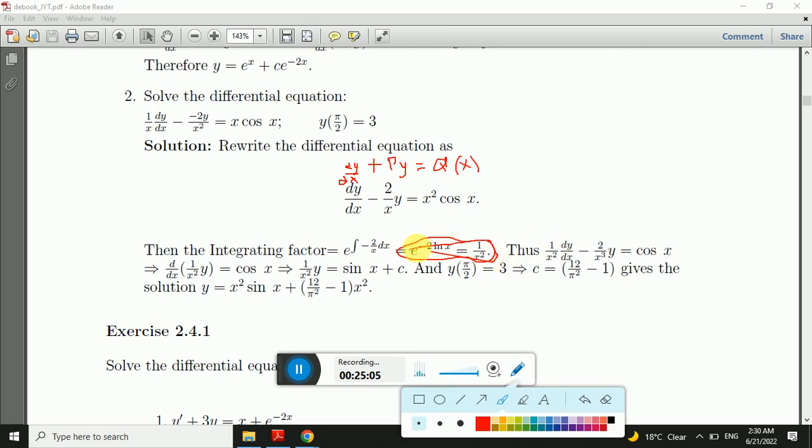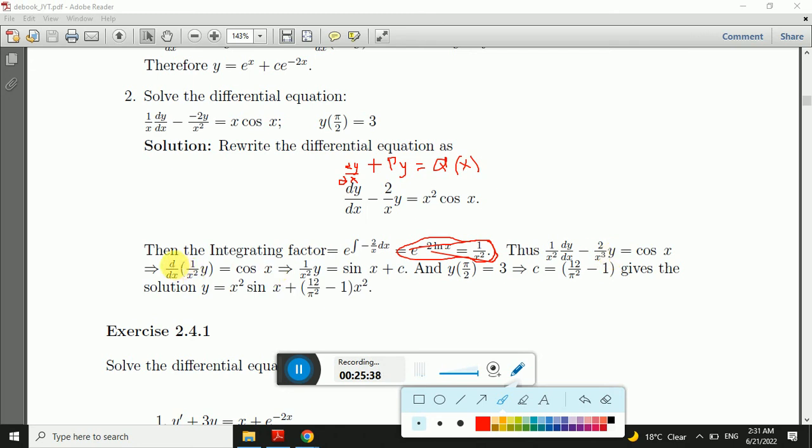So if you multiply this equation throughout by 1 over x squared, which is our integrating factor, you end up with this. Then look at the left hand side. What was differentiated to give us this term? Realize that what was differentiated is 1 over x squared y. When you differentiate this using the product rule, you get this term on the left hand side.